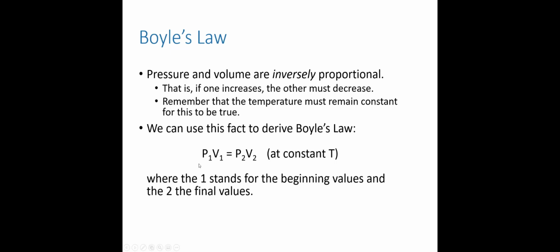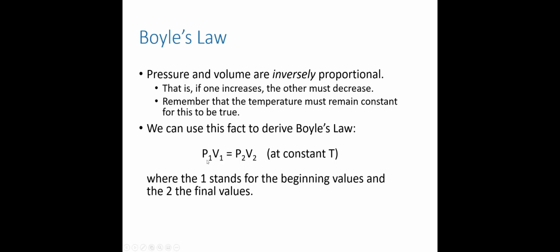So this is the useful form of Boyle's law. The true Boyle's law form just says right here pressure and volume are inversely proportional, meaning pressure times volume is just a constant. But it's more useful when written like this. And the ones mean essentially beginning.